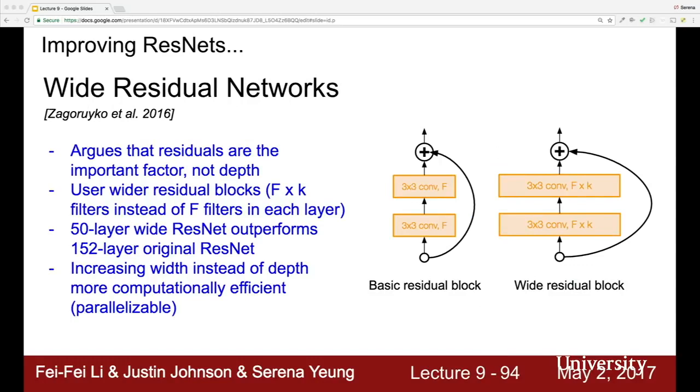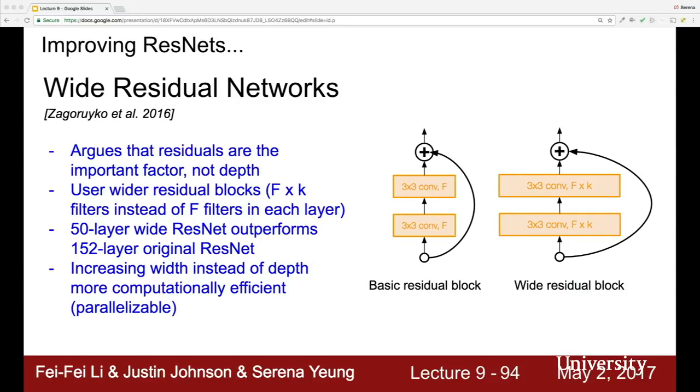There's also wide residual networks. This paper argued that ResNets made networks much deeper as well as added these residual connections, and their argument was that residuals are really the important factor, having this residual construction, and not necessarily having extremely deep networks. So what they did was use wider residual blocks, which just means more filters in every conv layer.